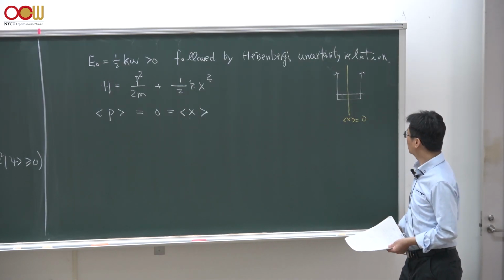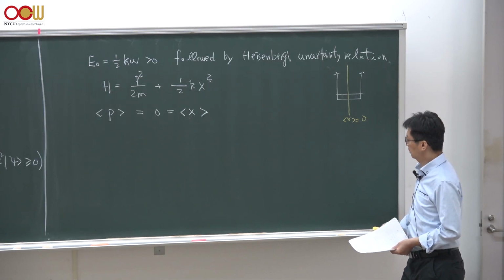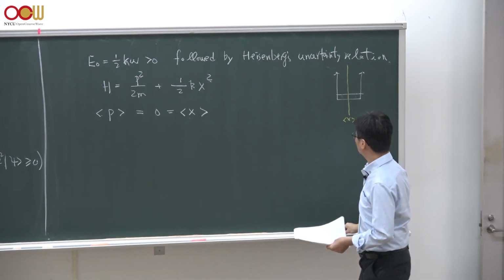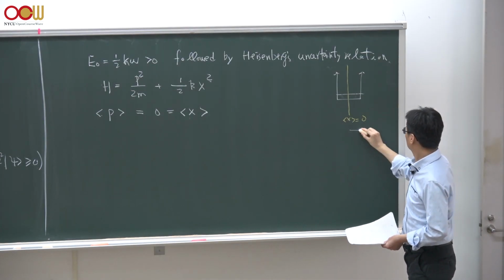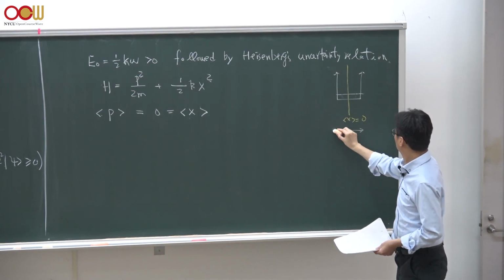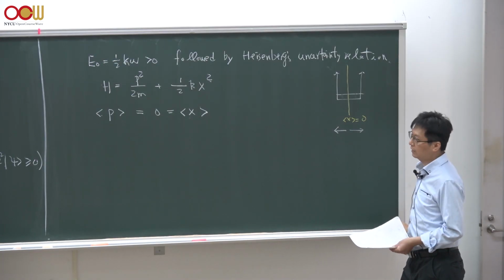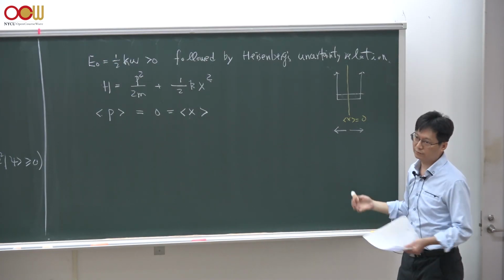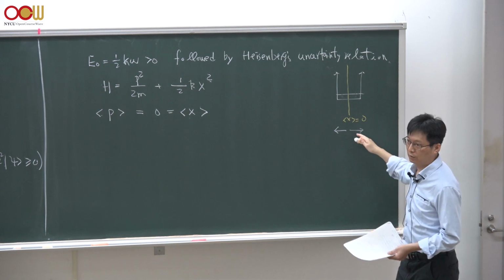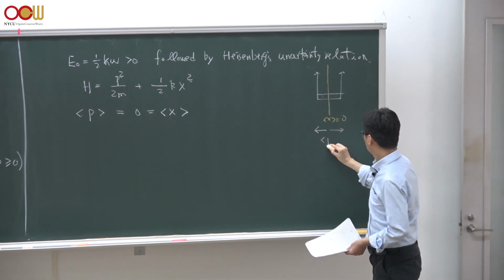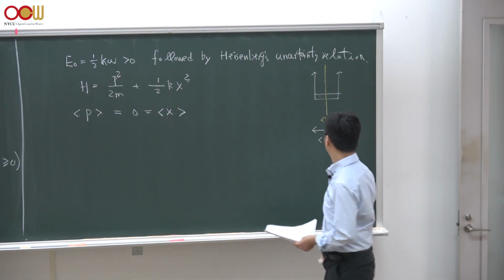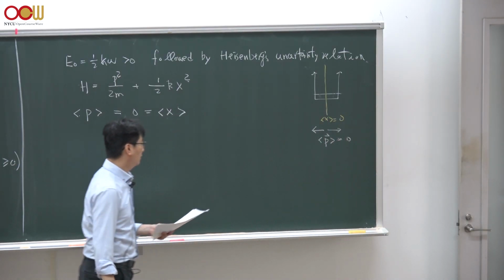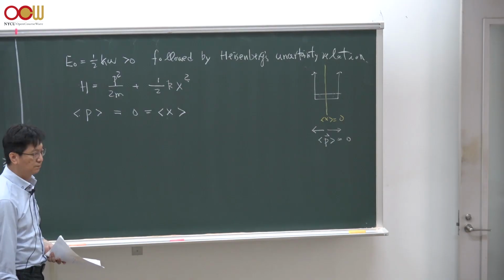Likewise, you will find that half of the time the particle is moving towards the right, and the other half the particle moves to the left. Although they have momentum at the ground state, on average the momentum operator is actually 0.